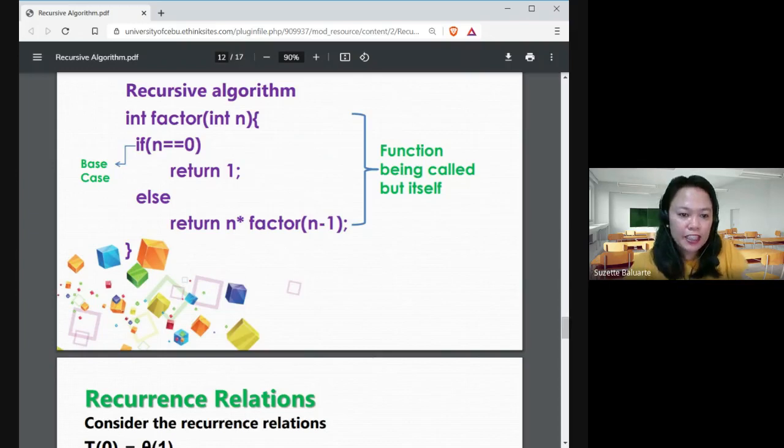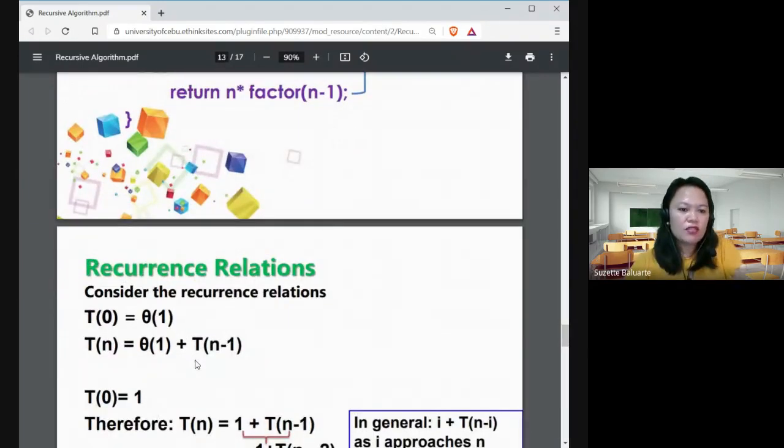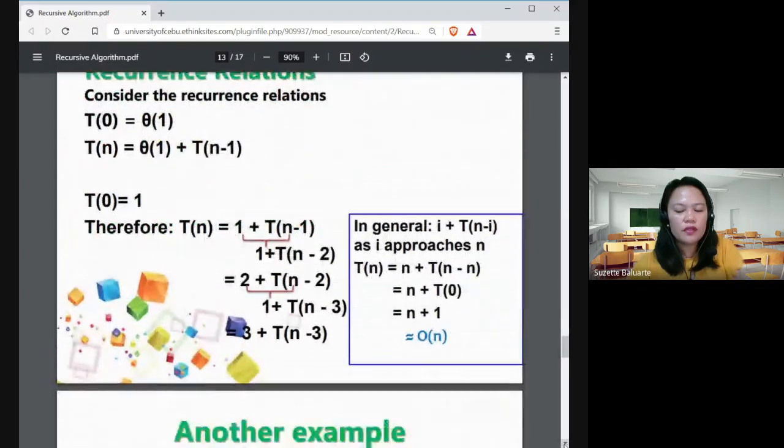And this part here, we are using the T now, so T of n minus 1. When we consider the recurrence relation, T of n is big theta of n plus T of n minus 1. This is the thing that we're going to solve later on, and I might give you another example to solve afterwards.